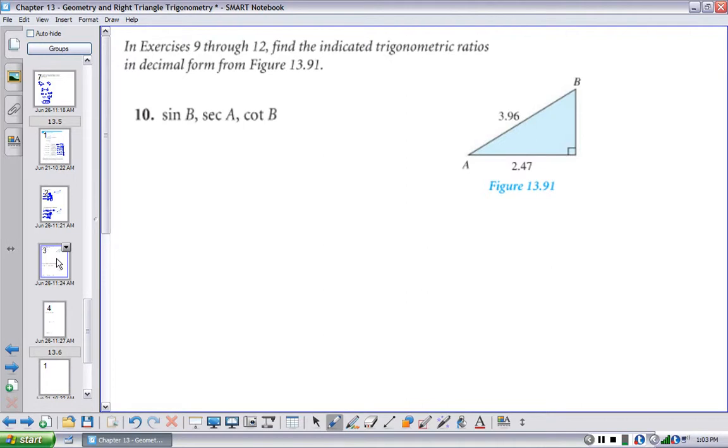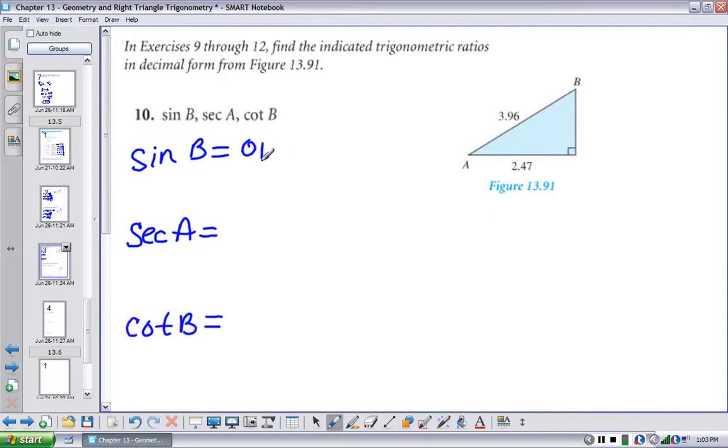Okay. Another one, we're going to look at sine of the angle B, secant of the angle A, and cotangent of the angle B. Remember that sine is opposite over hypotenuse. We're looking at our angle B. The opposite side is 2.47. The hypotenuse is 3.96.